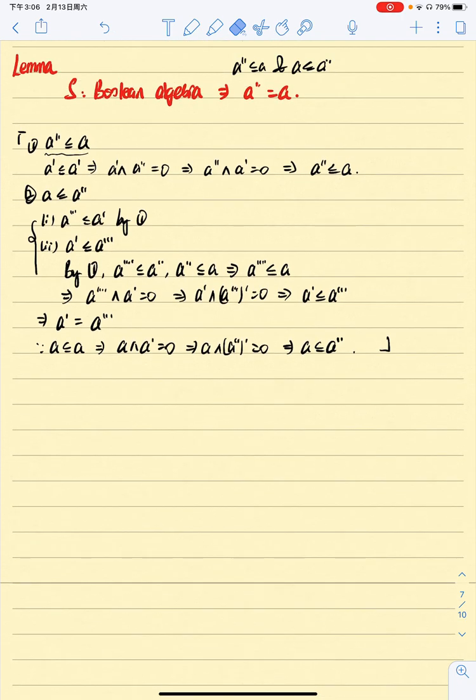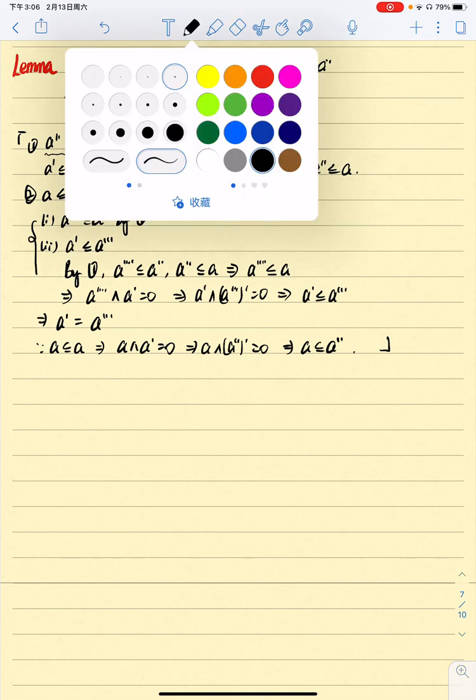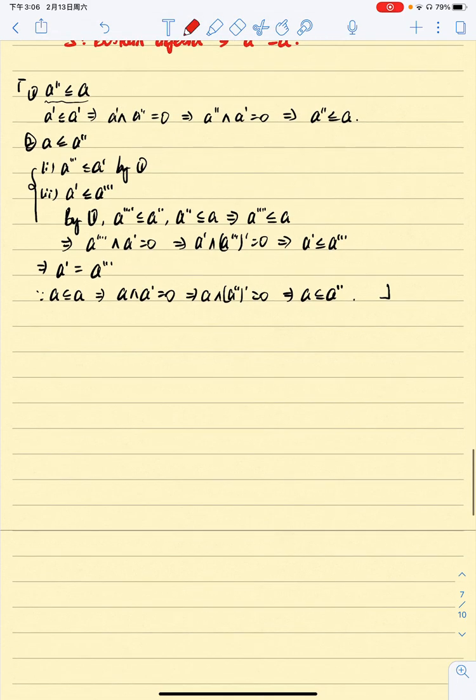And let's see the following proposition. Let S be a Boolean algebra.